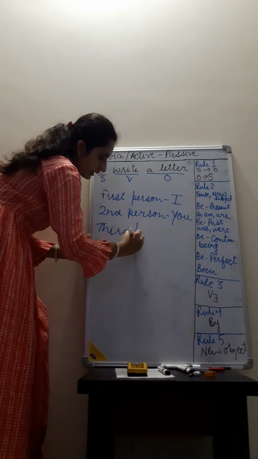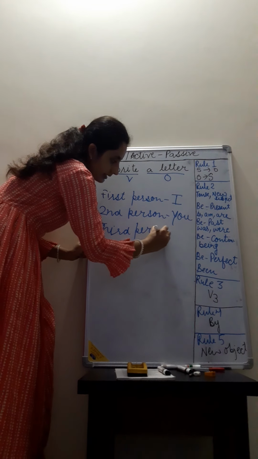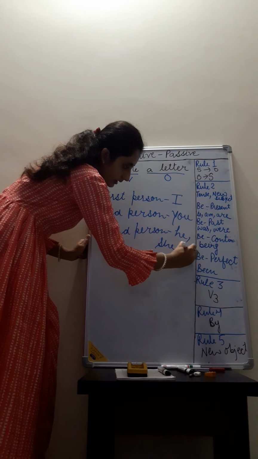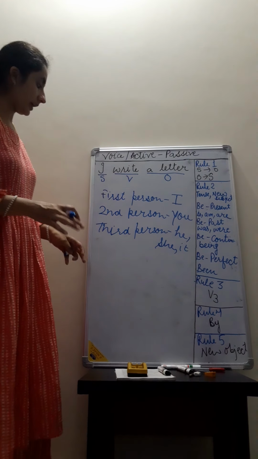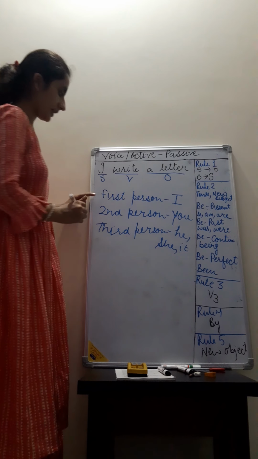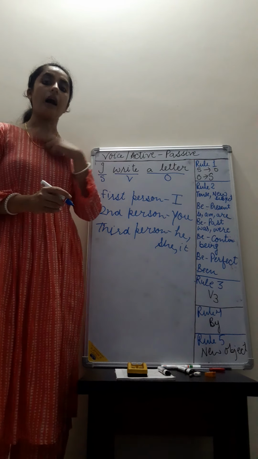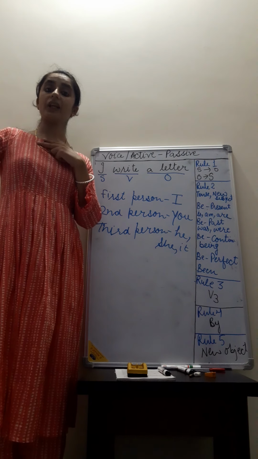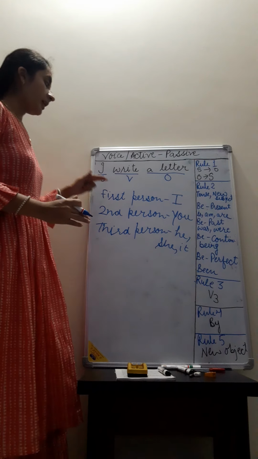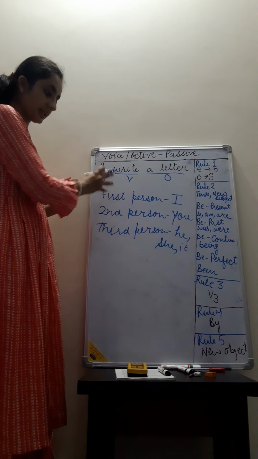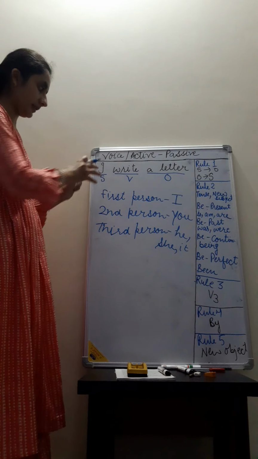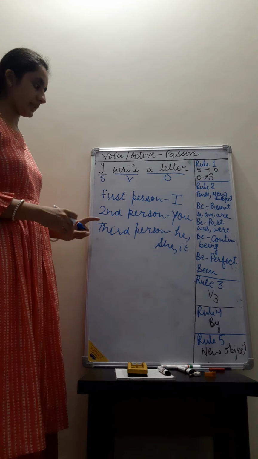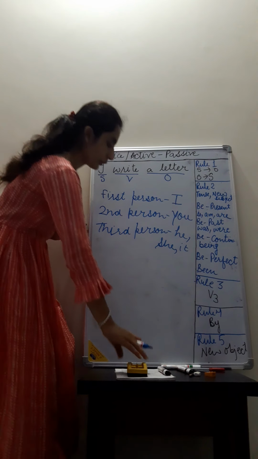And third person is he, she, it, or any name. Okay, so please do remember these things. First person is I, second person you, and third person he, she, it. We need to focus on these things also while discussing how we can change active sentence to a passive sentence. Please keep these things in mind.